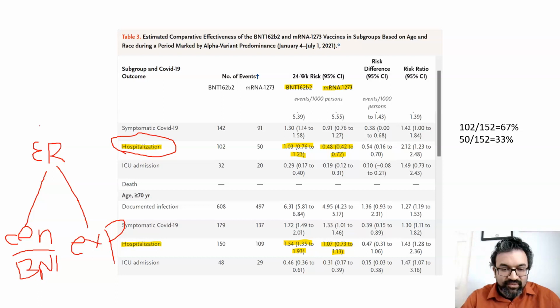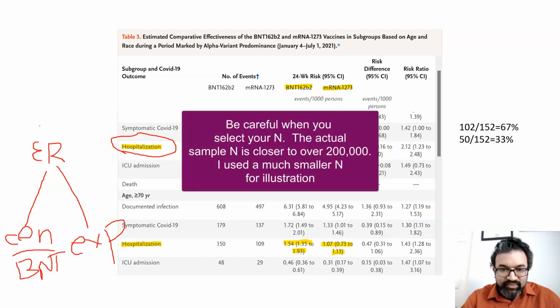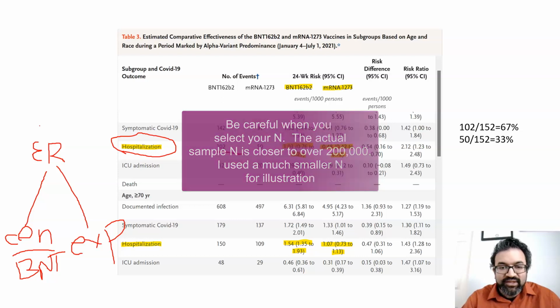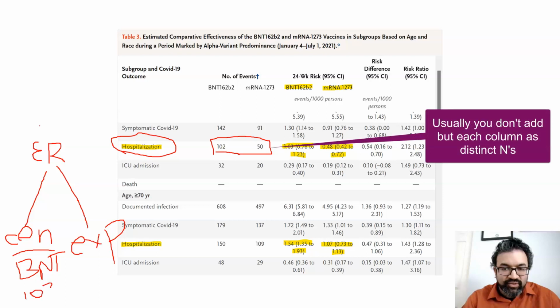And for BNT, the rate that is provided here for hospitalizations is 102 out of 152. The 152 was found by adding these two values. So for BNT, the event rate would be 102 over 152.